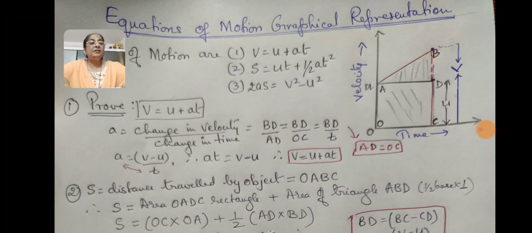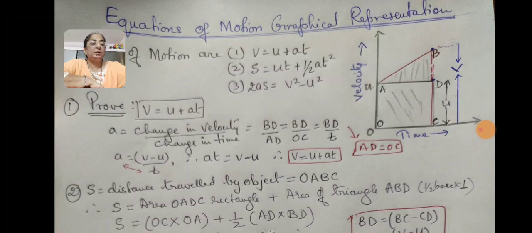That is equal to BD upon OC, which is equal to BD upon AD also. Now that is equal to BD upon time t, because AD is equal to OC. Now knowing this, we know that a is equal to v minus u upon t. Therefore, at is equal to v minus u.